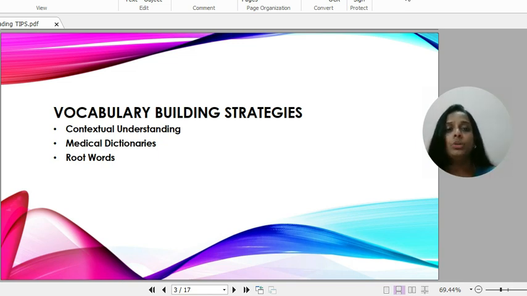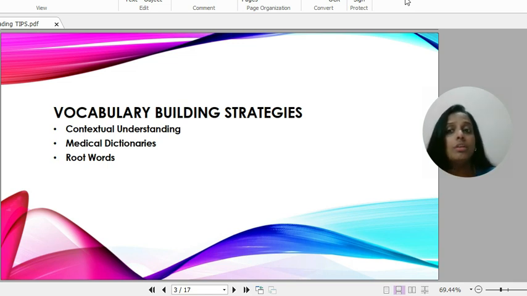For example, if you come across a term like hypertrophic cardiomyopathy in a text and aren't entirely sure of its full definition, a medical dictionary would explain it as a condition where the heart muscle becomes abnormally thick, potentially obstructing blood flow. So always keep a trusted medical dictionary, either digital or physical, when reading clinical text to quickly clarify the meaning of unfamiliar terms.